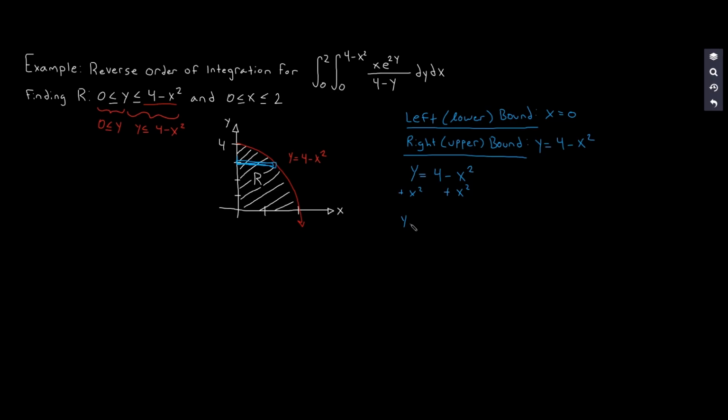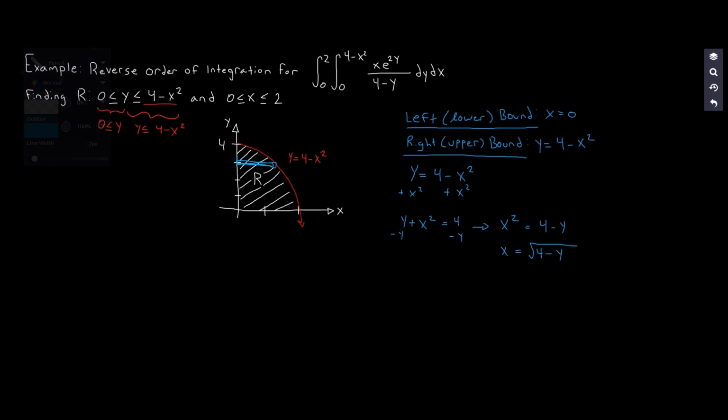This is going to be y plus x squared equals 4. I want that y to go to the other side now. So this is going to become x squared equals 4 minus y. I need to isolate my variable, so we'll take the square root. x equals the square root of 4 minus y.